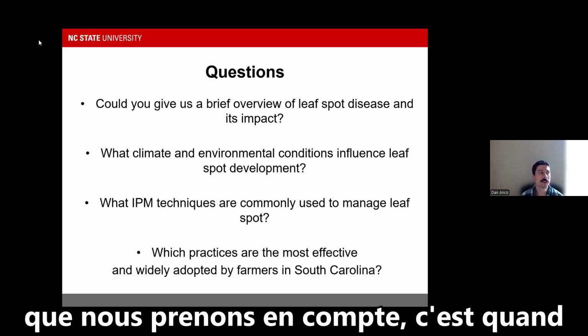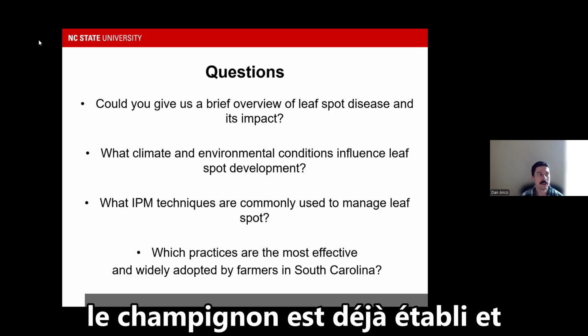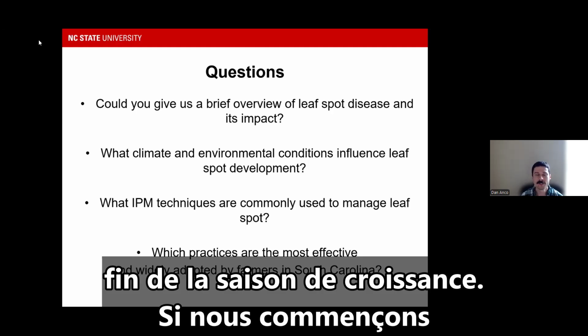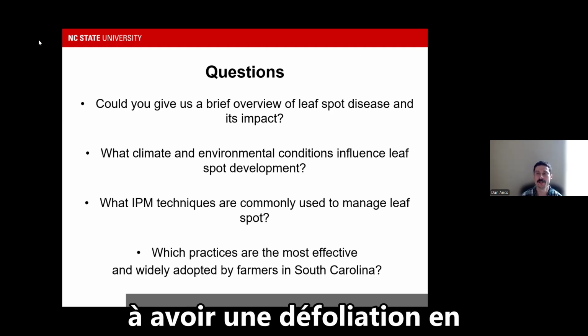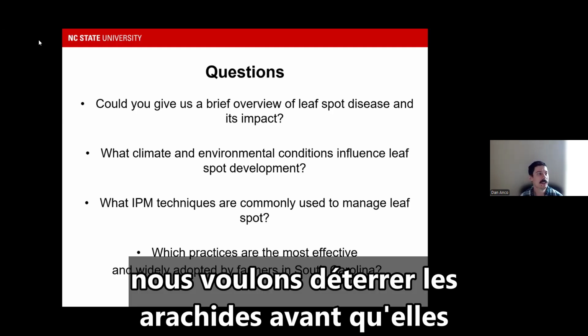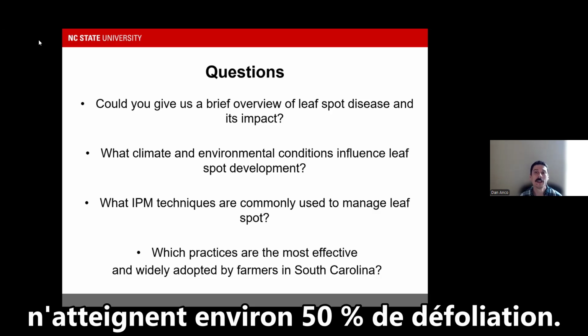The other thing that we take into account is when the fungus is already established and infections are already proceeding at the end of the growing season, if we are starting to get defoliation in non-negligible amounts, ideally we want to dig the peanuts before it ends up getting about 50% defoliated.